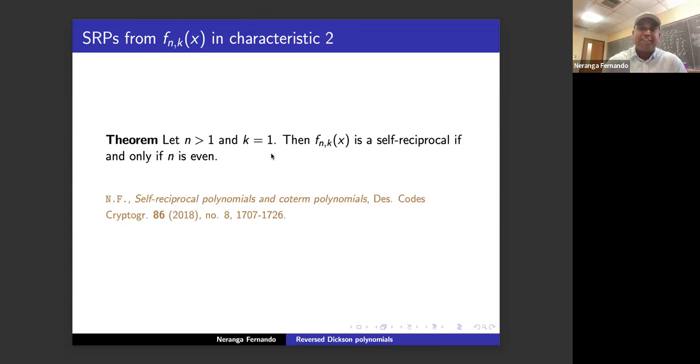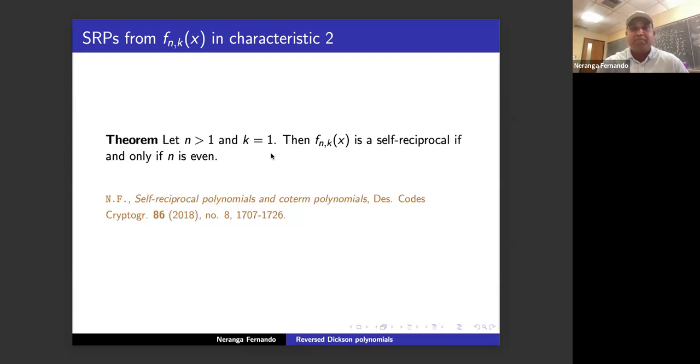And then I wanted to stay away from reverse Dickson polynomials for some time, because after all these projects, I went to College of the Holy Cross in Worcester, Massachusetts, and two of my research students wanted to work on a research project during summer, funded by an REU grant.